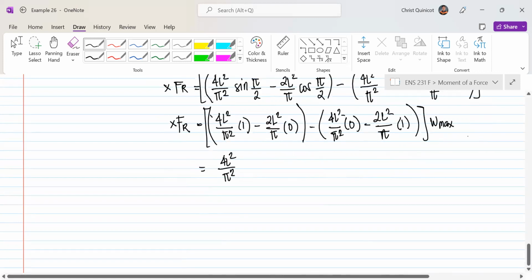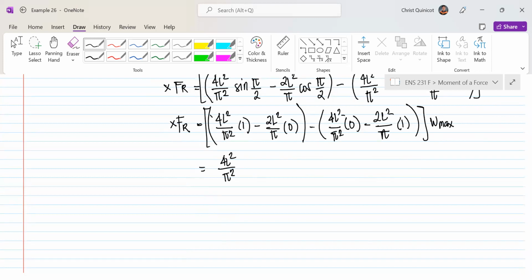Okay. And then this becomes plus because 2L squared over pi times 0 is 0 minus 4L squared over pi squared times 0 is 0. So negative minus negative 2L squared over pi. So that's plus 2L squared over pi quantity W sub max. Okay.